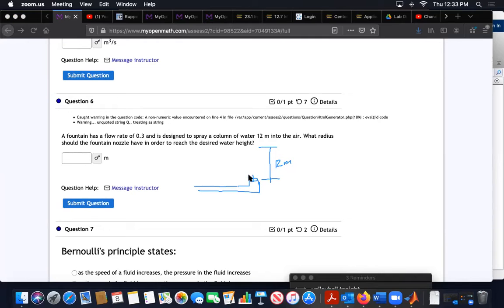So we're looking for the radius here, R. We know that the flow rate, Q, is equal to 0.3 meters cubed per second.